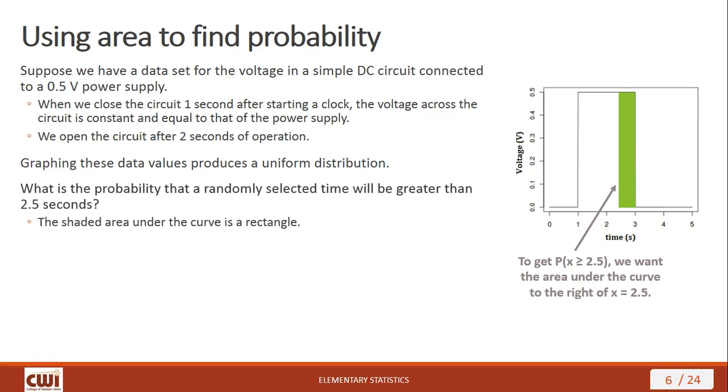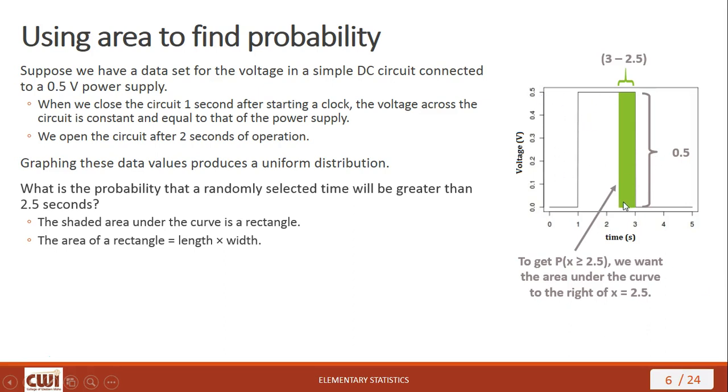So we get that shaded area under the curve. Now notice that it's a rectangle. We can easily find the area of a rectangle. It's length times width. So we can calculate the length and the width. The length is simply the height of the rectangle on the graph, which is 0.5. That's equal to the voltage that you see displayed.